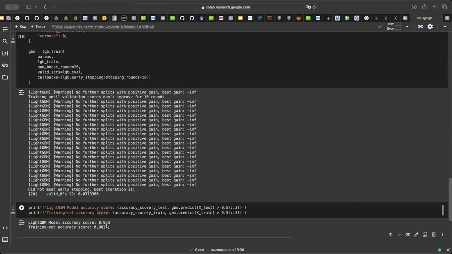And let's say we are making a credit scoring model, and for example, we have our own data set, and we also found something on Kaggle, which is very similar to our data.